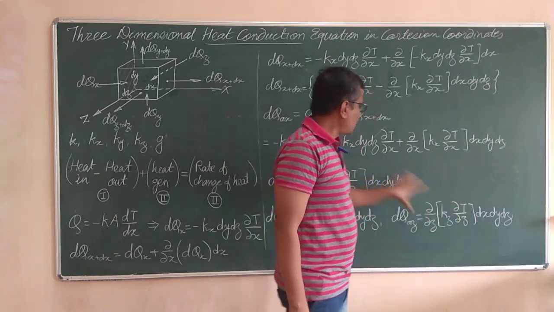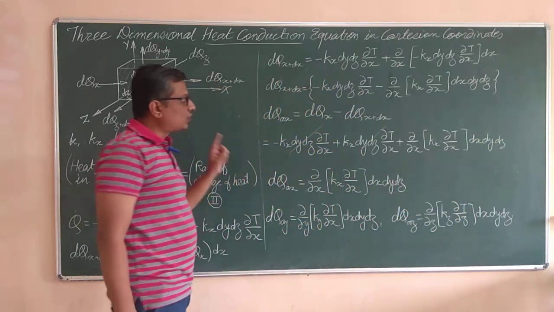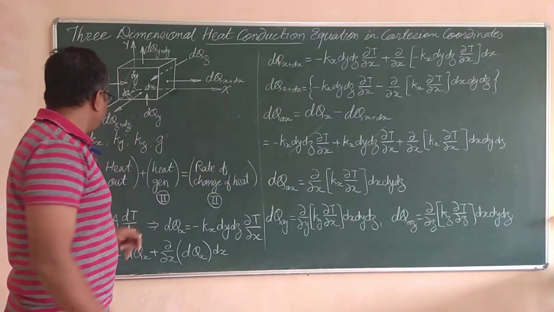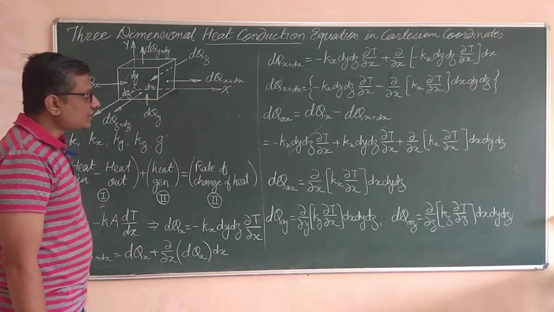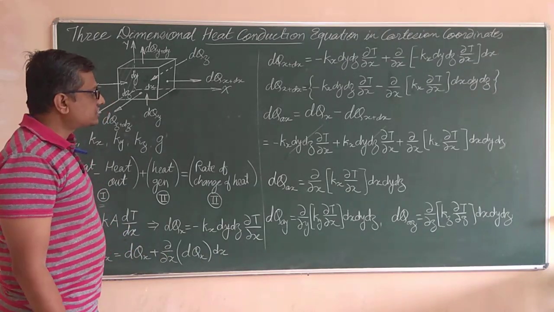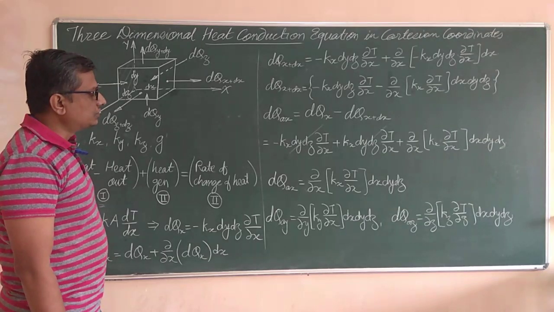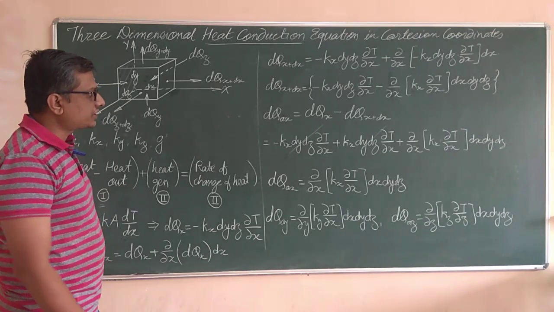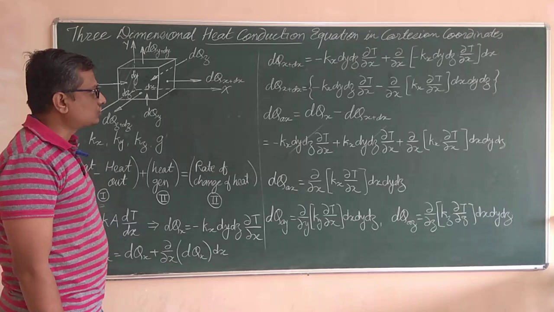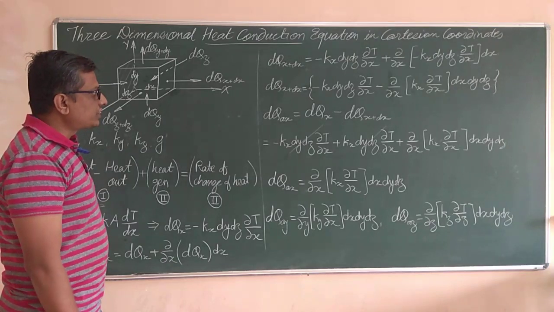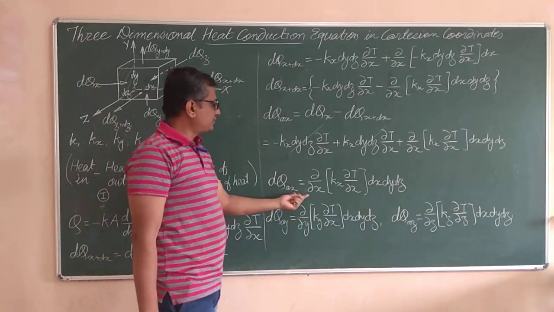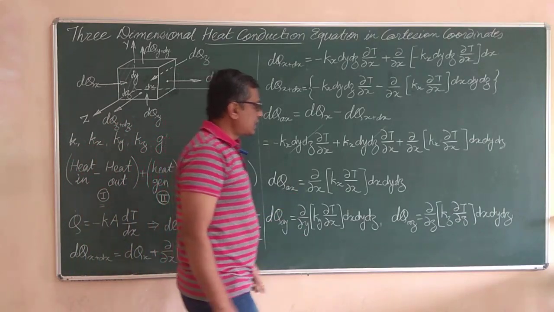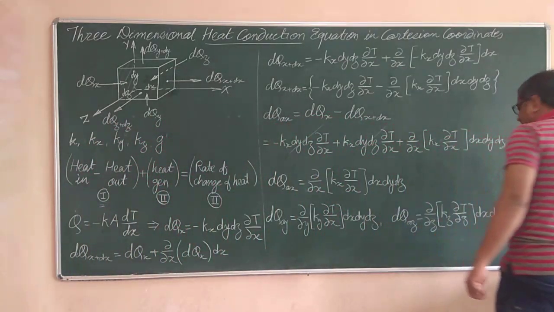And if I add up all these three terms, I will get one more term, I think the first term of this equation. So now I need to erase some of the part of the board. As expected, this expression does not fit onto one board, so I am going to erase some part of it, and I will write down the combined equation for the addition of all these terms.